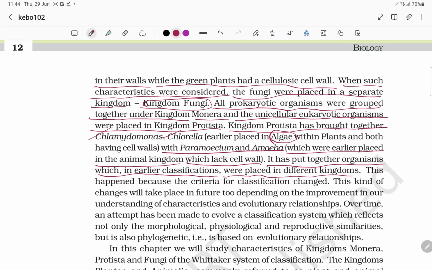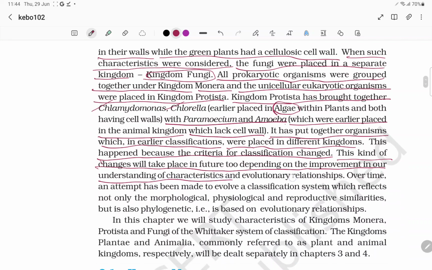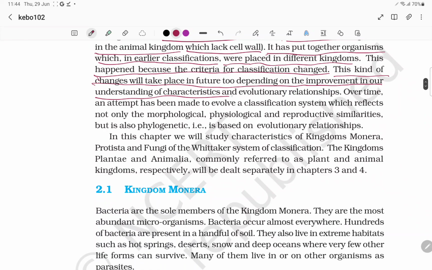So this happened because the criteria for classification changed. Previously they mainly took the cell wall. This kind of change will take place in future too, depending on improvements in our understanding of characteristics and evolutionary relationships.